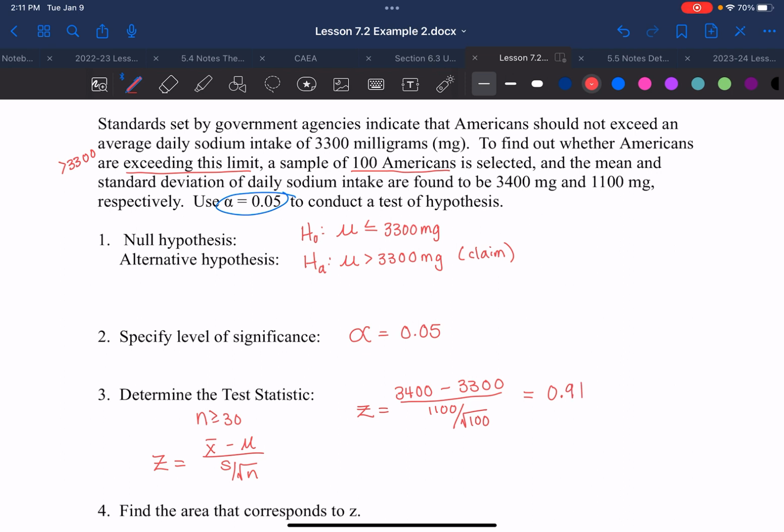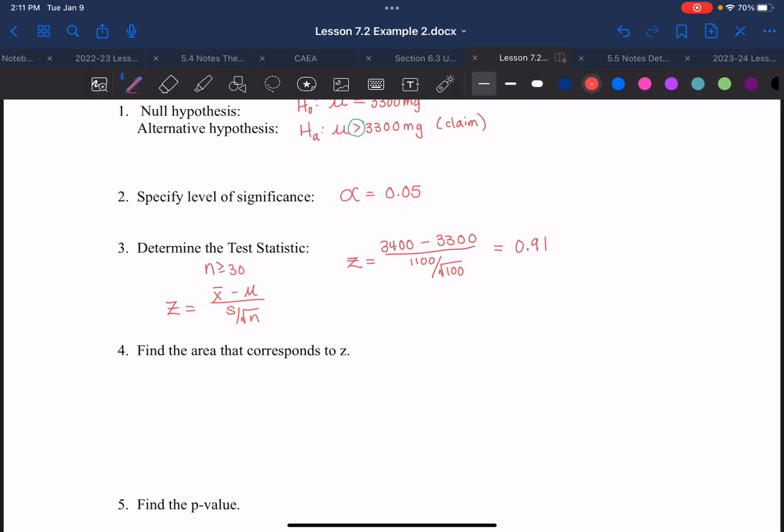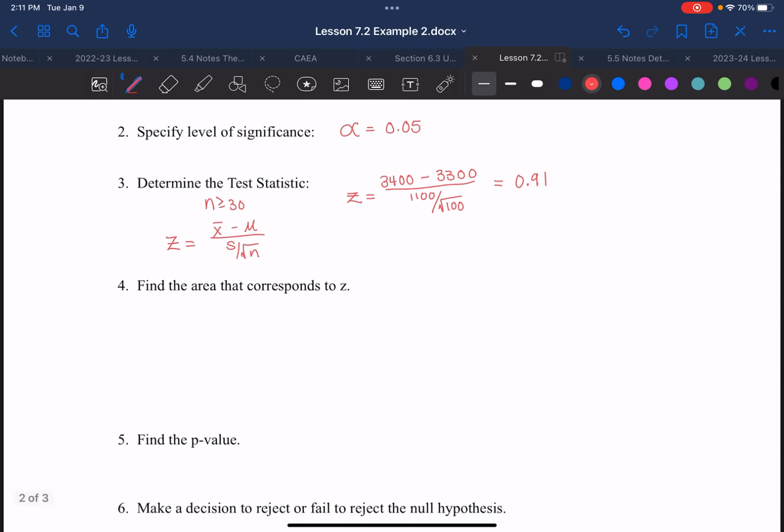Now, since our alternative hypothesis is greater than, when I look at my normal distribution, I am going to draw a right-tailed test where I'm looking up the area of a z-score of 0.91.